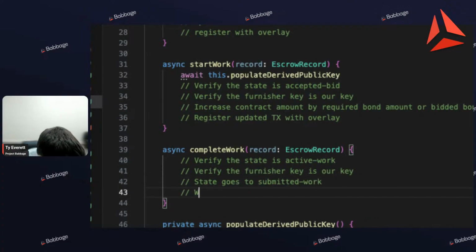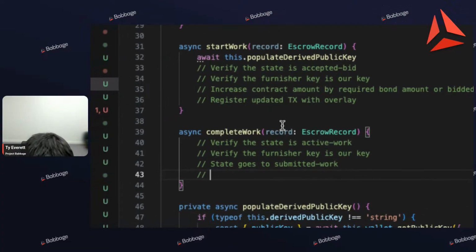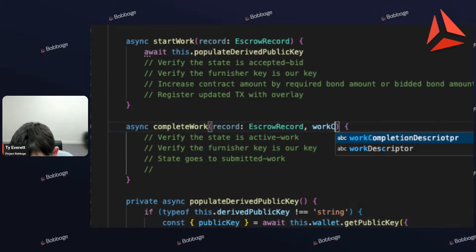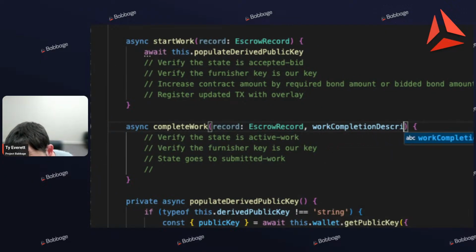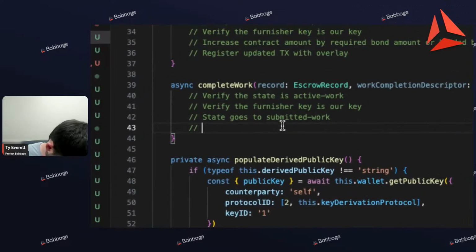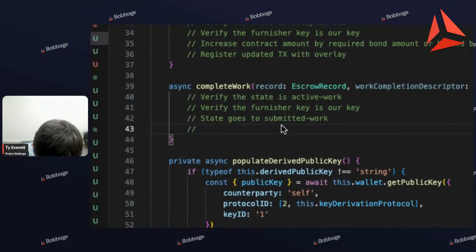State goes to, and then of course we just added this, so state goes to submitted work.